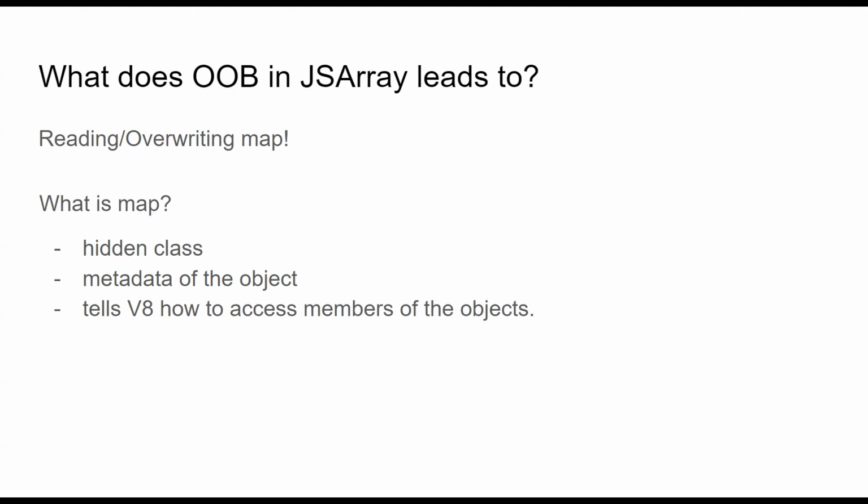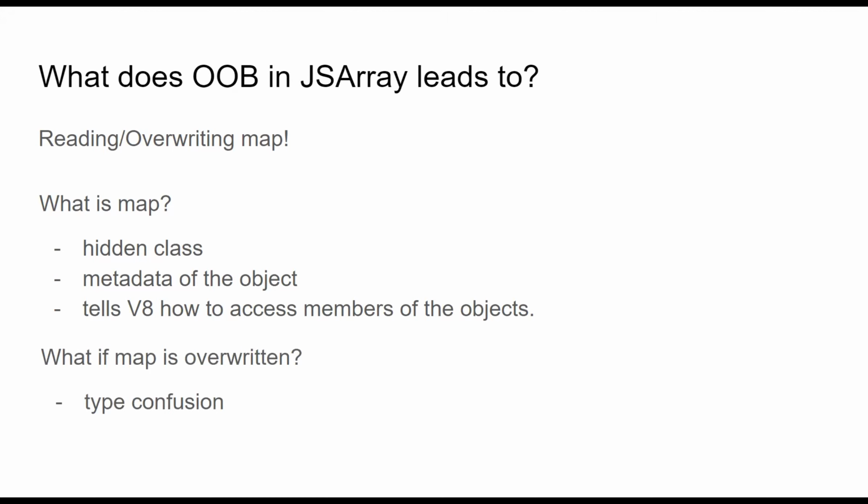However, if we override the map to an unexpected value, then V8 will treat the new value of the map as the actual one, changing the way of accessing its properties. This is called a type confusion vulnerability.